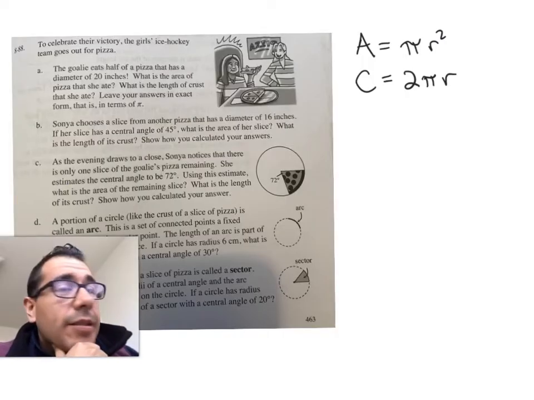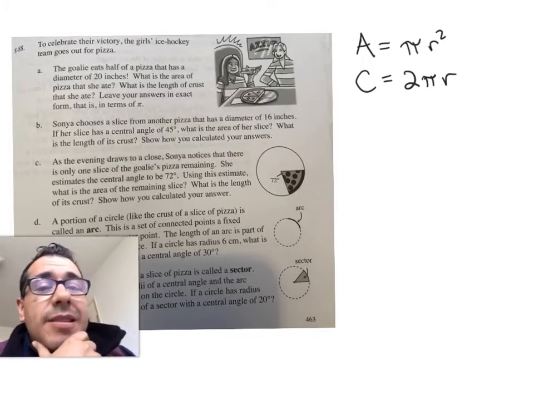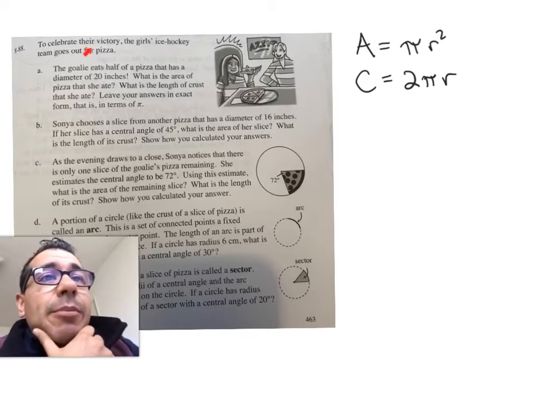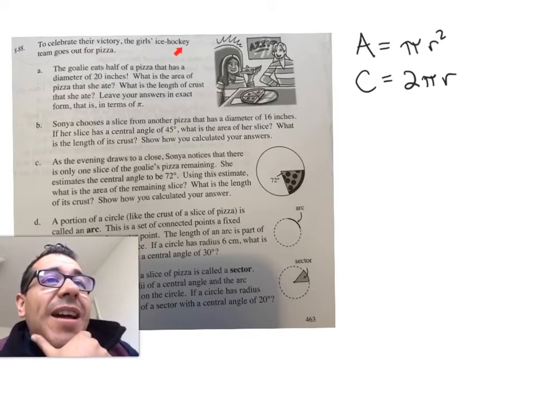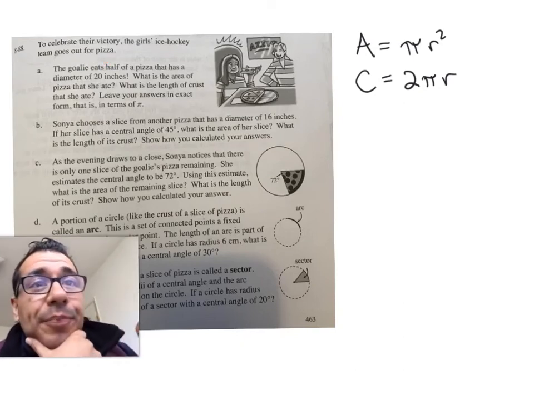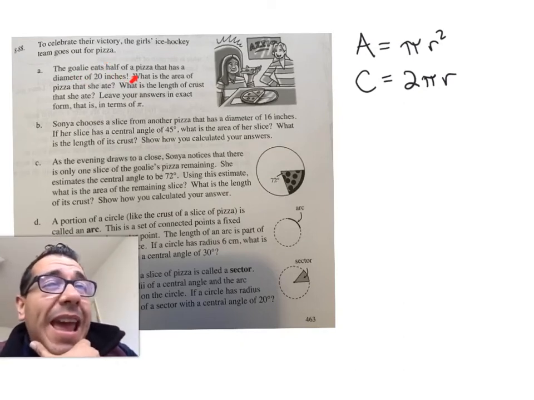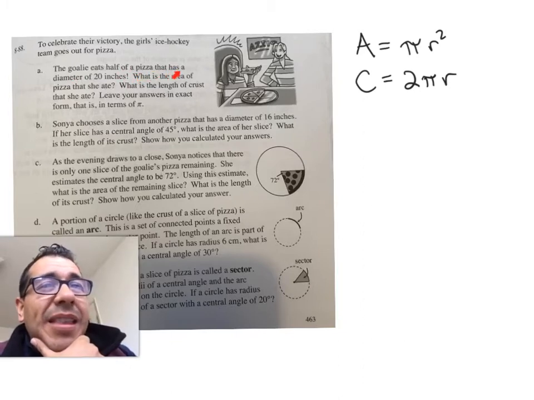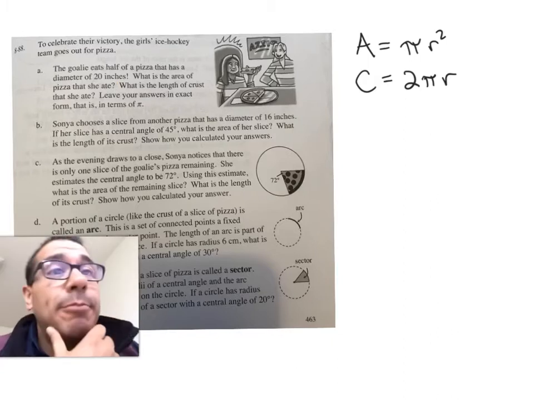All right, so let's dive into this problem. Let's see what we got here. To celebrate their victory, the girls' ice hockey team goes out for pizza. All right, part A. The goalie eats half of a pizza that has a diameter of 20 inches. That's my kind of goalie.